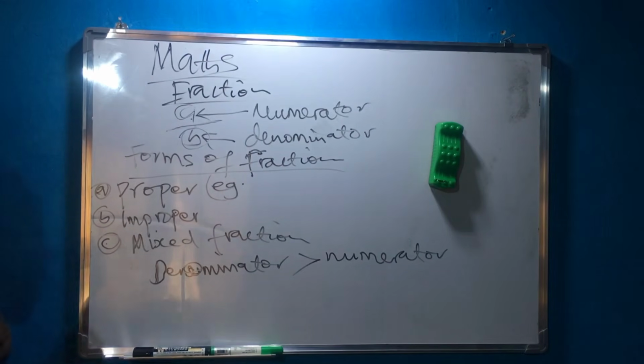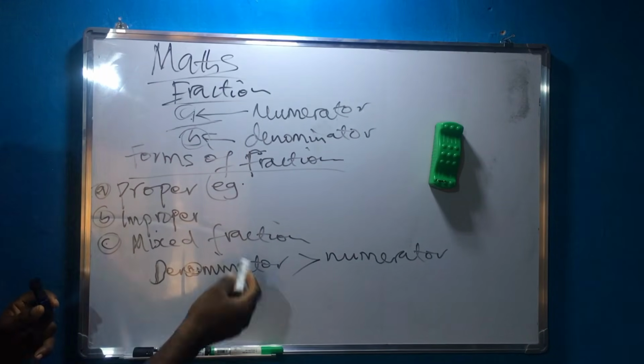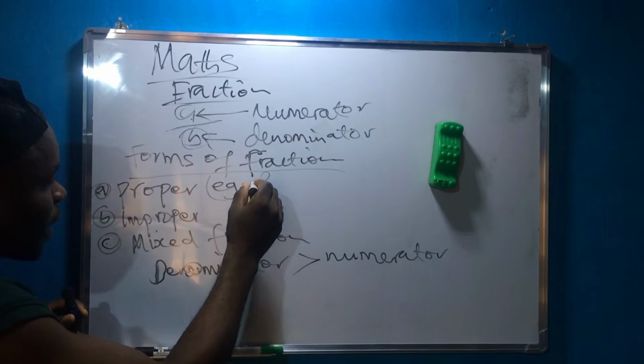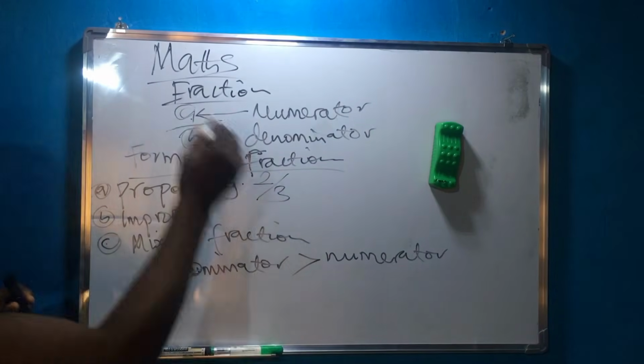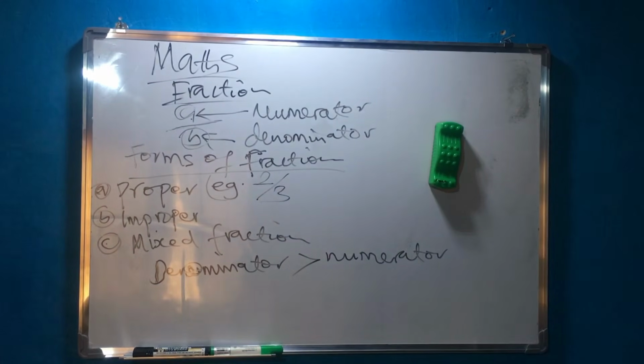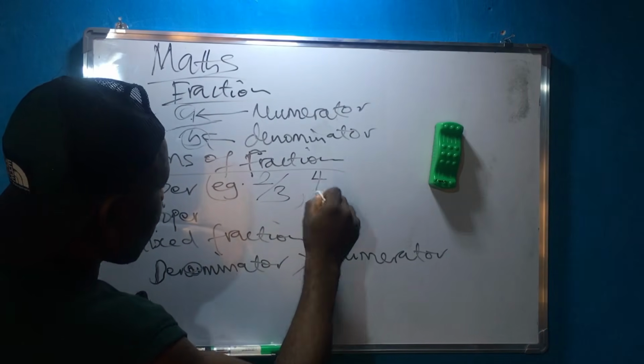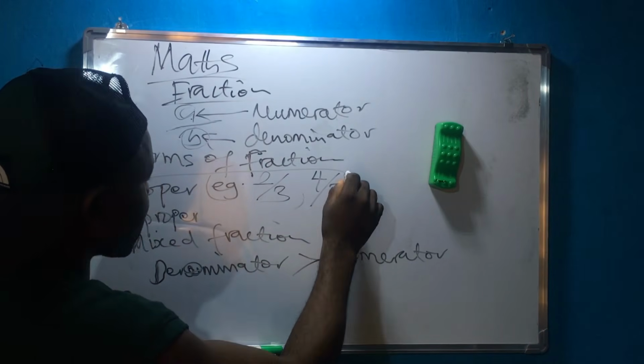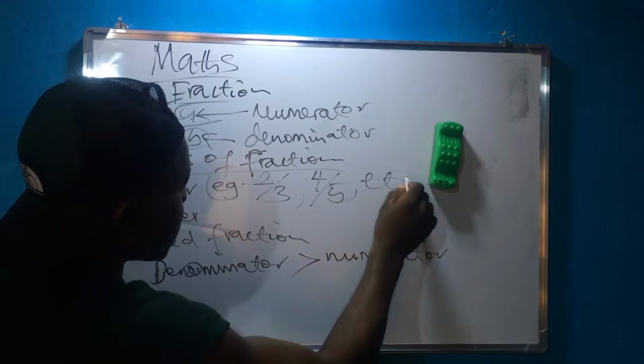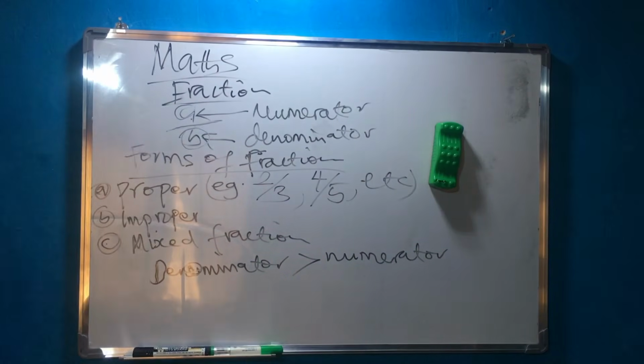Because it is bigger than a, it is proper. Take for example, something like 2 over 3, which is a very good example of proper fraction. 4 over 5 is also a very good example of proper fraction, etc.